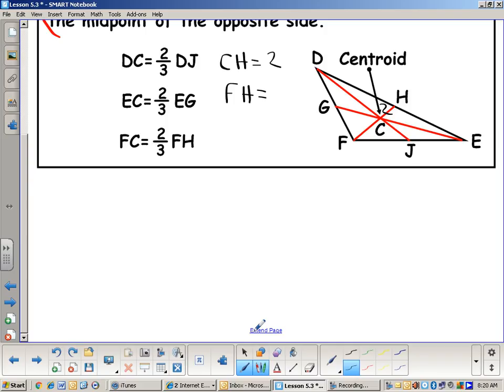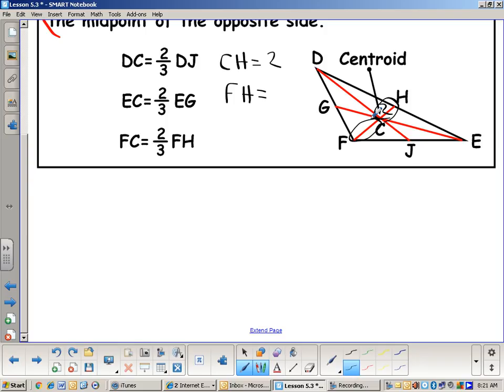Yeah, the CH is the short segment, right? This is the longer segment. So this is 1/3 of the total. This is 2/3 of the total. So compared to 1/3, how much is 2/3? No, I'm just saying in general.